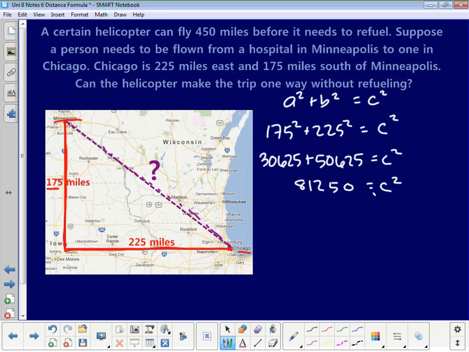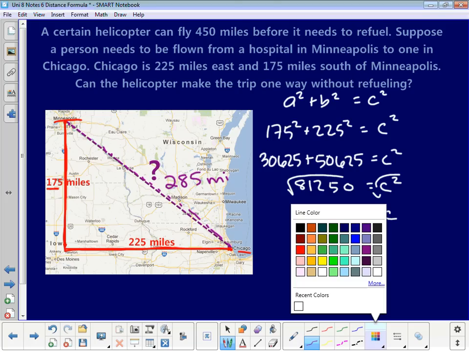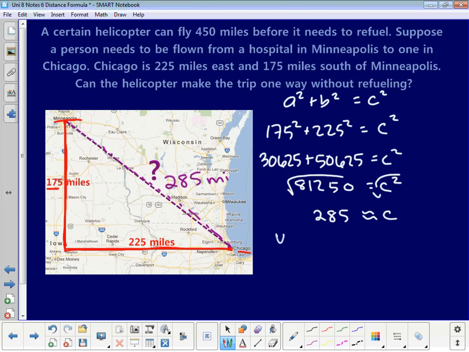Then we take the square root, and the square root of that is about 285. So this distance is approximately 285 miles, which means my helicopter that can go 450 miles can certainly go 285. So the answer is yes, it will be able to. Okay, so that's using the Pythagorean theorem.